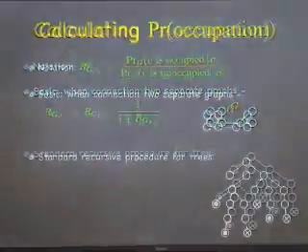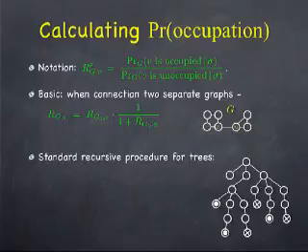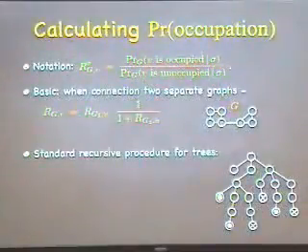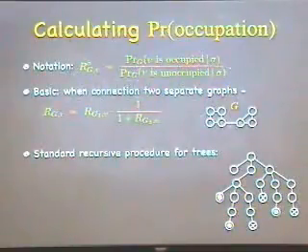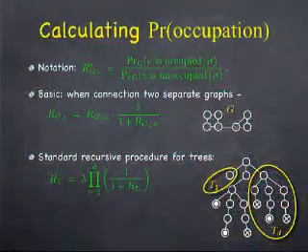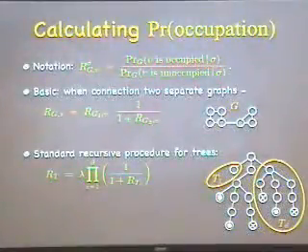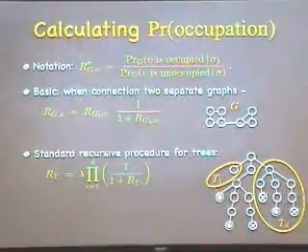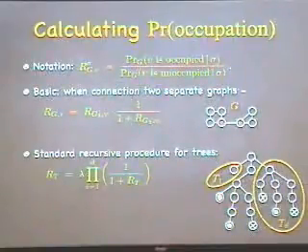And actually, for example, you can use this rule to get a standard recursive procedure for calculating the probability on trees that has been widely used. So what is this procedure? Suppose I write R_T for this ratio at the root of the tree T. Then you have a recursive formula in terms of the ratios at the children.